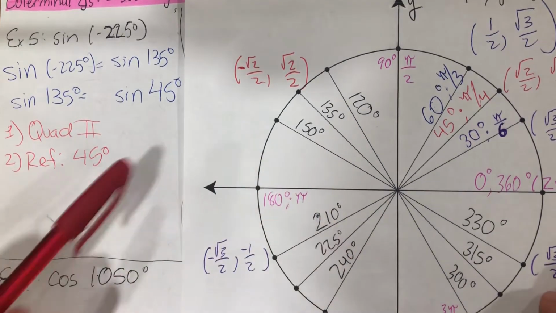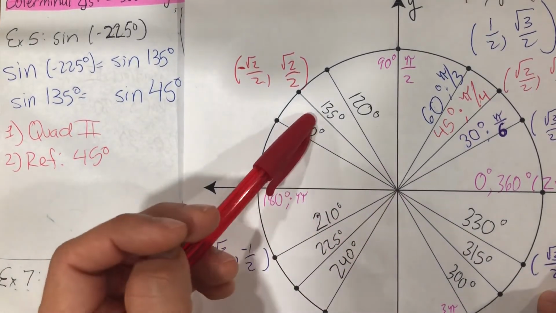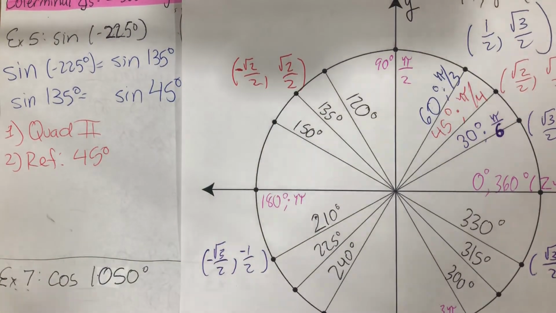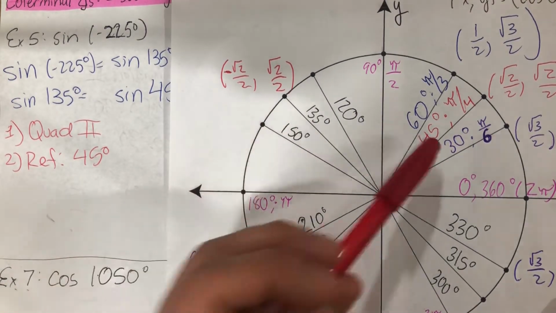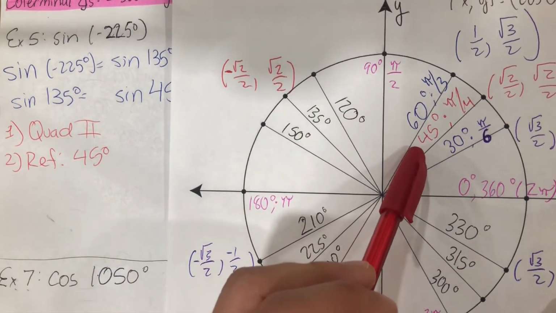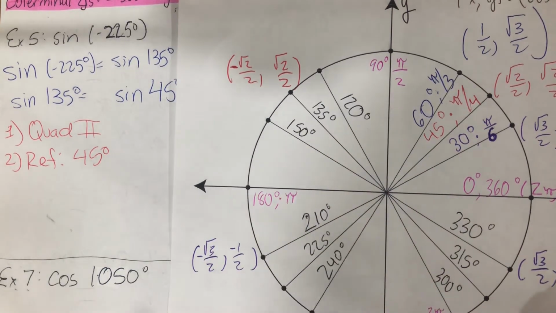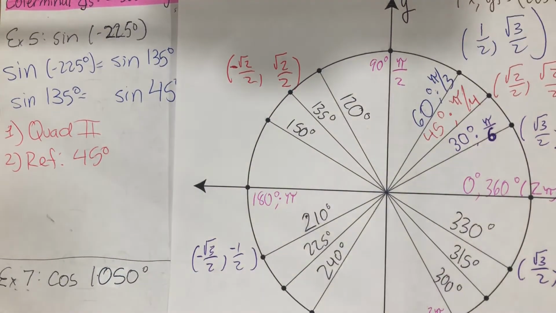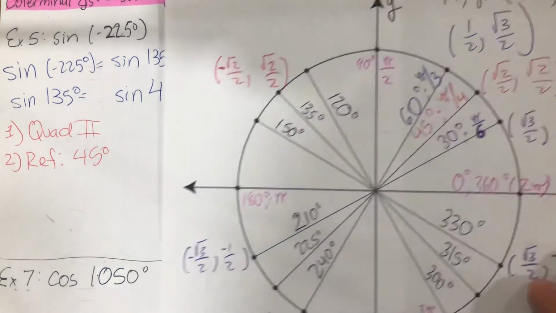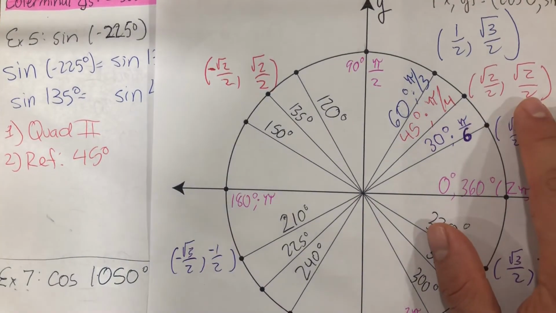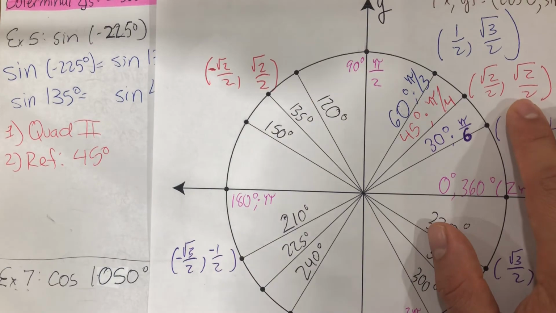So now we're looking at 135 degrees, and luckily we already did a copy and paste format for the X and Y coordinate for 135 to the X and Y coordinate for 45 degrees, so we don't have to do that again. Now I need to figure out what is sine of 45 degrees, or in this case, sine of 135 degrees. Sine of 45 degrees is my y-coordinate, which is root 2 over 2.